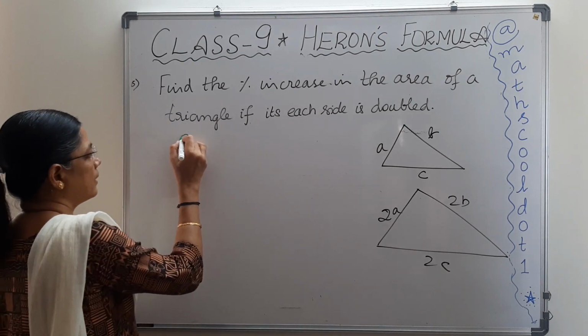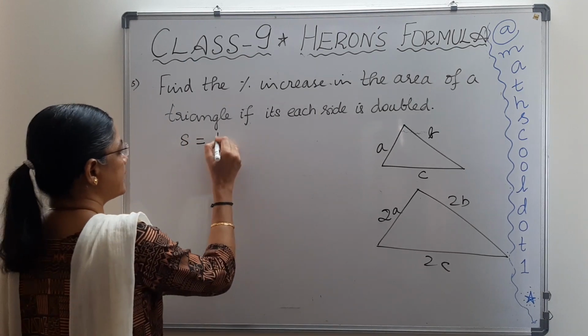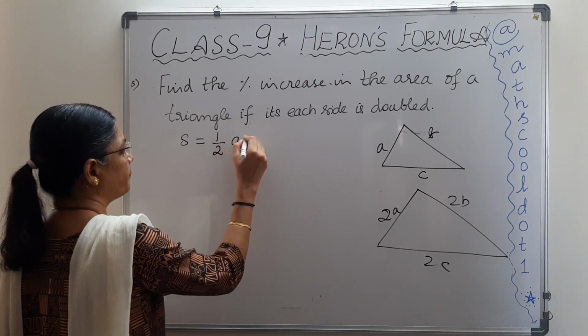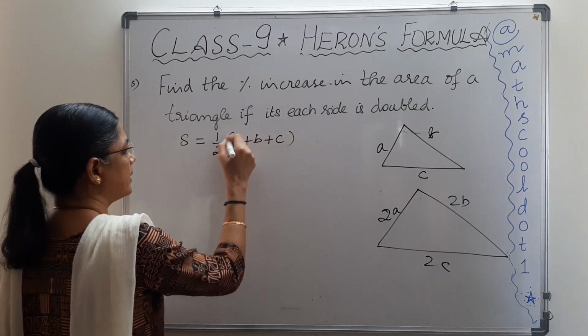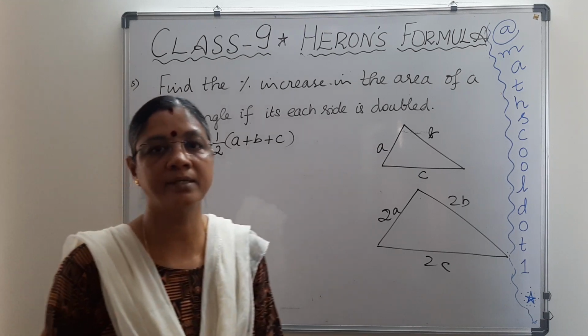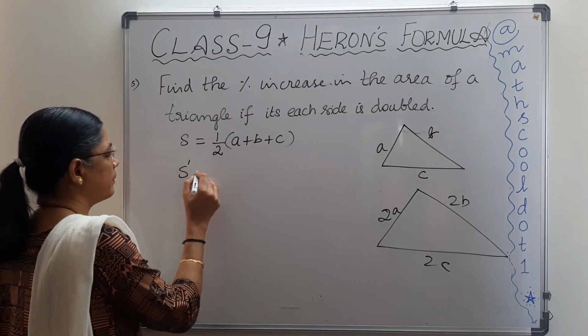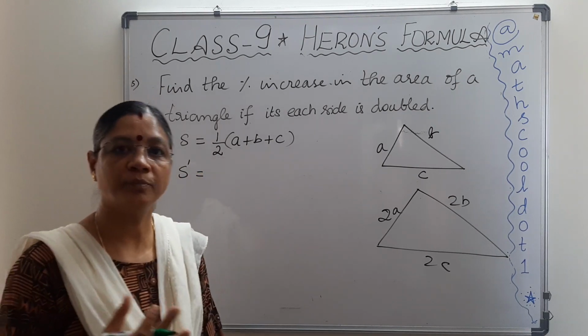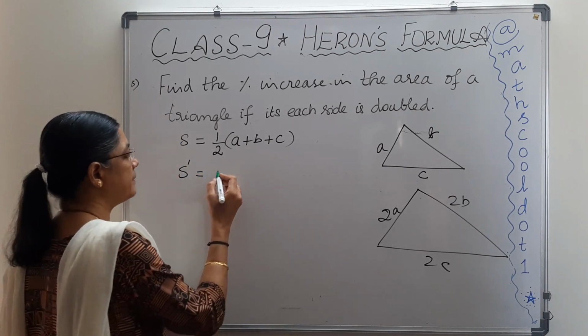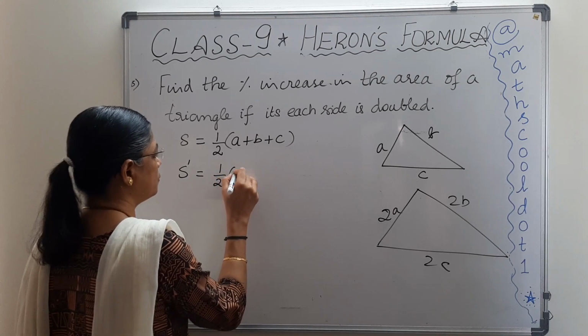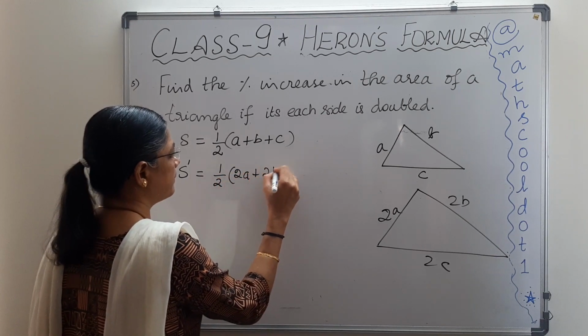So first, S with the original sides is half into A plus B plus C, that is the semi-perimeter of that triangle. Now the changed semi-perimeter, S dash, will be half into 2A plus 2B plus 2C, isn't it?